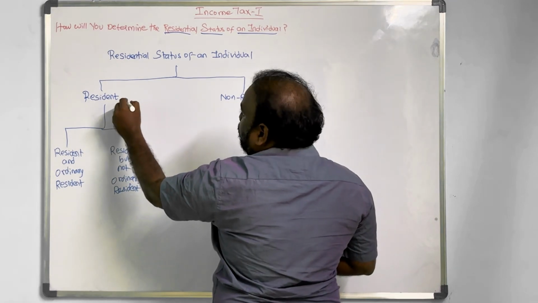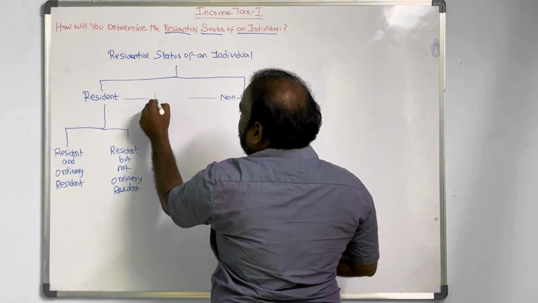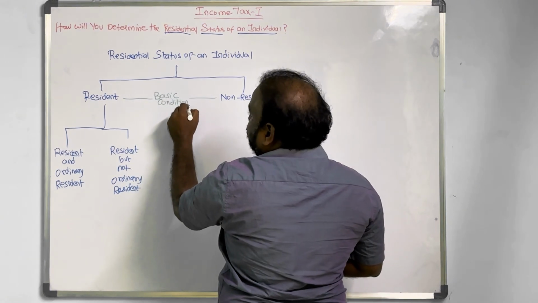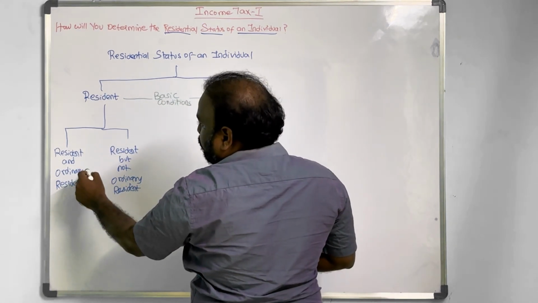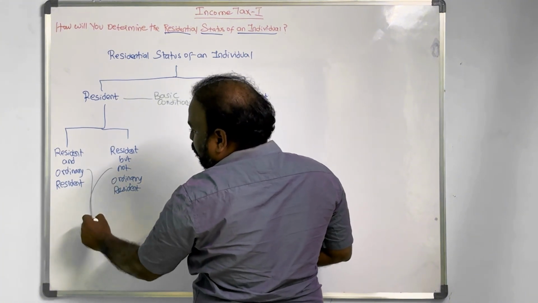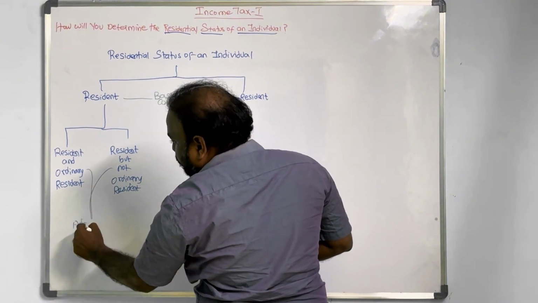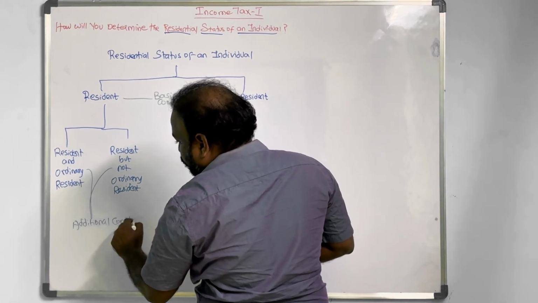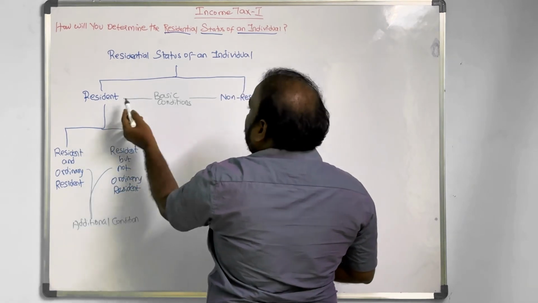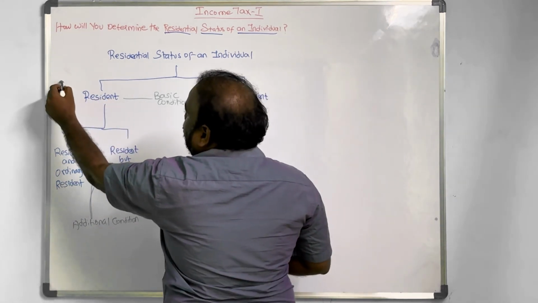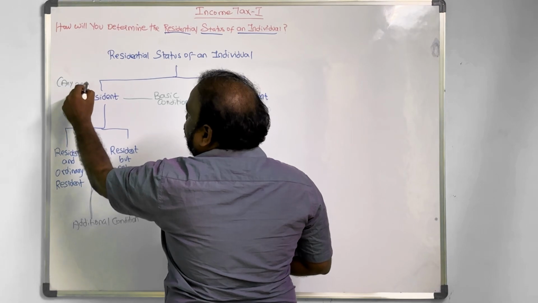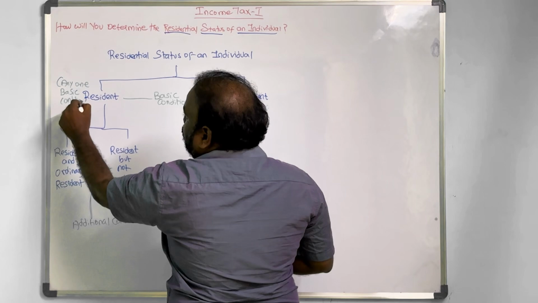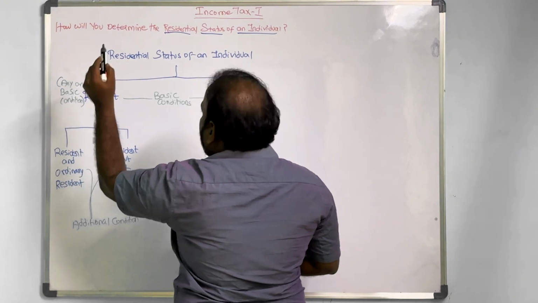To find out whether the person is a resident or non-resident, we go with the basic conditions. To find out whether the person is ordinary or not ordinary, we go for the additional conditions. He needs to satisfy any one basic condition to become a resident.